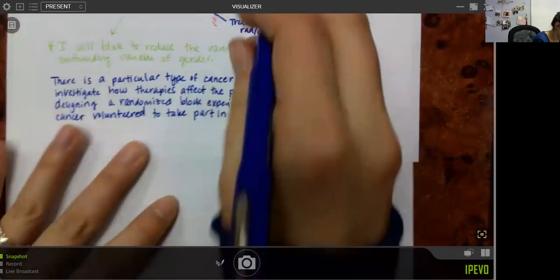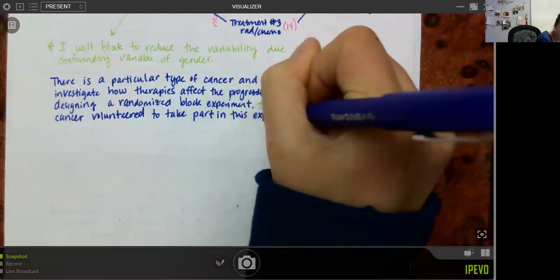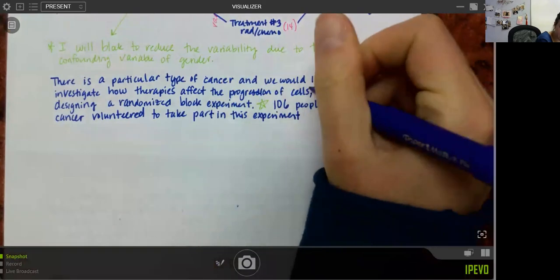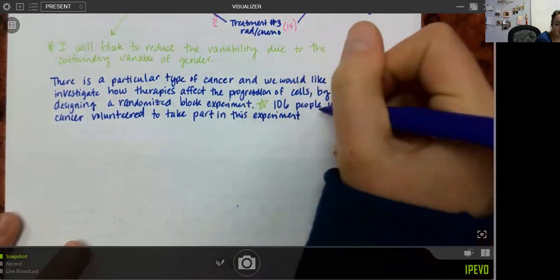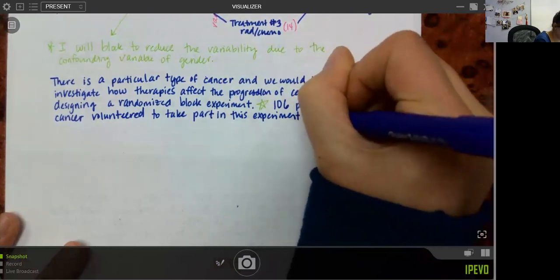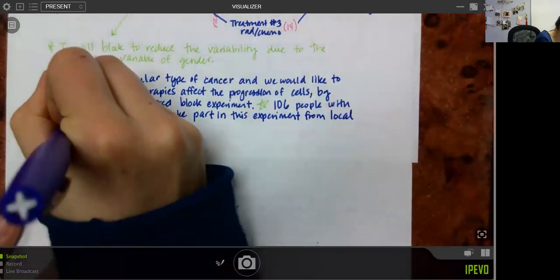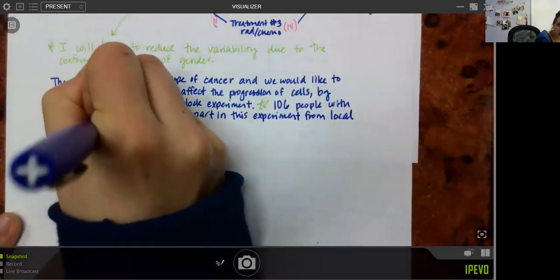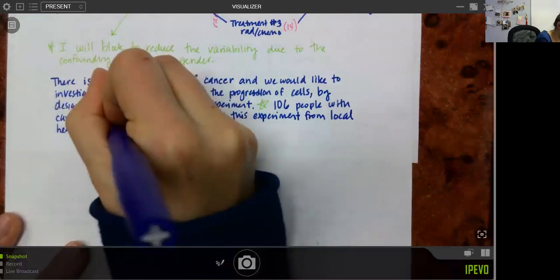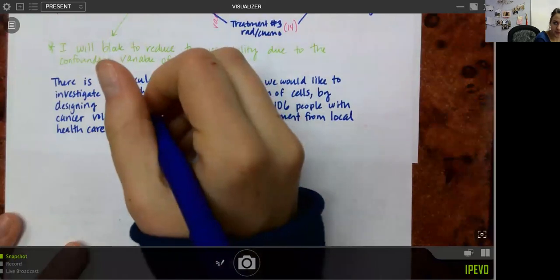Yep, okay. In this experiment. And I could maybe specify where I'm going to get these 106 volunteers from. This is the part I can kind of make up. From local health care clinics, for example.